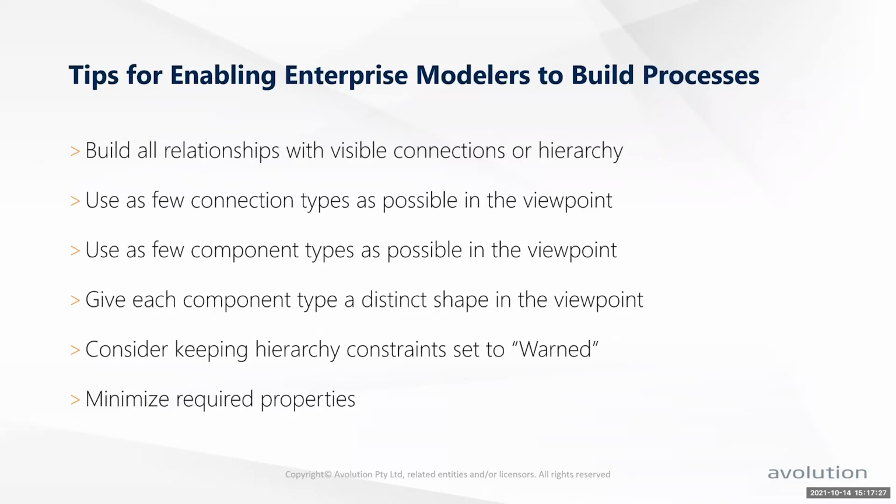Try and give each component type a distinct shape to make it very obvious what is being selected. And consider keeping hierarchy constraints set to warned, as the enterprise modeler has the potential of violating hierarchy constraints accidentally. Also try to minimize required properties to make the process as smooth as possible.